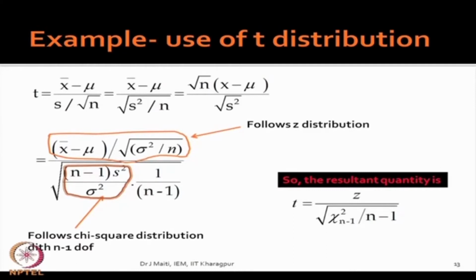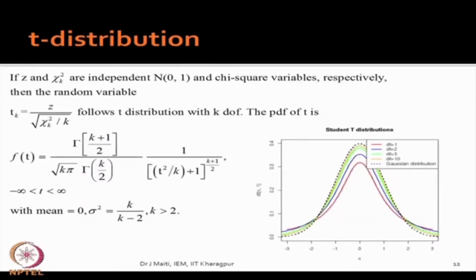What is the parameter of normal distribution? Mu and sigma square or sigma? What is the parameter of T distribution? What is there here? See, everywhere k is there. You see the function gamma of k plus 1 by 2, k, everywhere k is there.